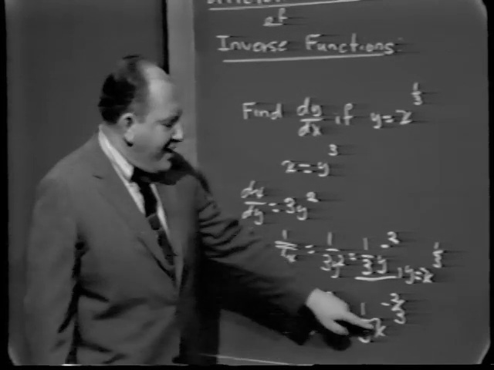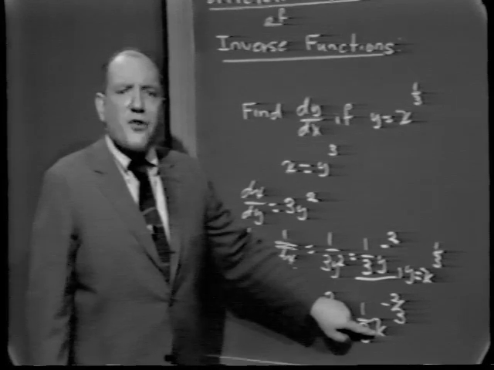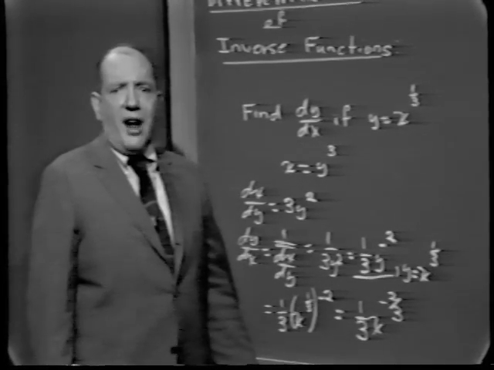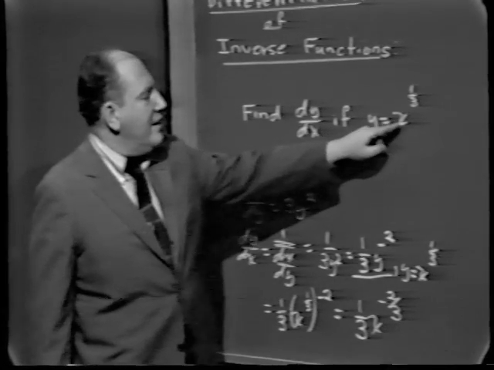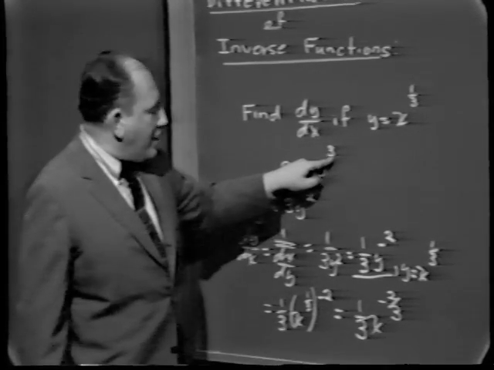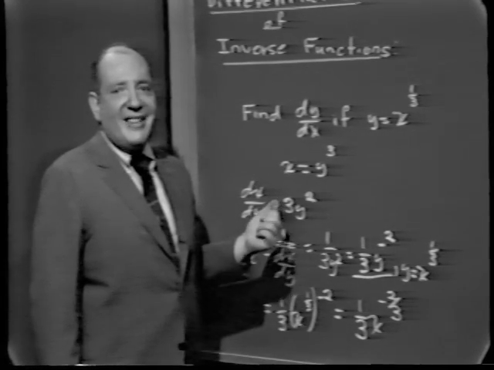And now, even though I didn't do this in general, I think you can see how this will generalize. For fractional exponents, one uses the inverse function idea. Namely, we did have to use the fact that if y is equal to x to the 1/3, x equals y cubed was an equivalent equation, and we could differentiate that.